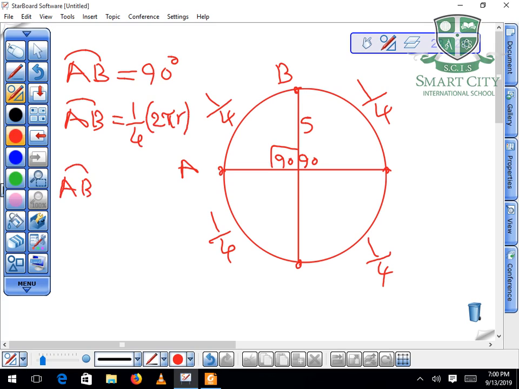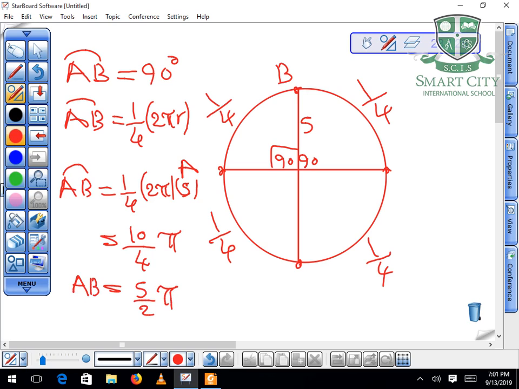So arc AB length equals 1 over 4 times 2 pi times 5. 2 times 5 equals 10, so 10 over 4 pi, which is 5 over 2 pi. This is the arc AB length, a quarter of the whole circumference.